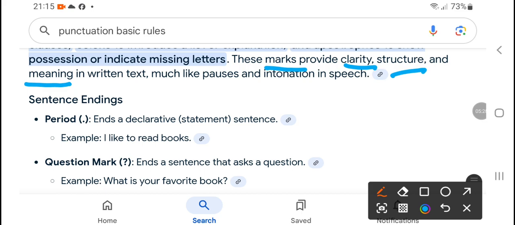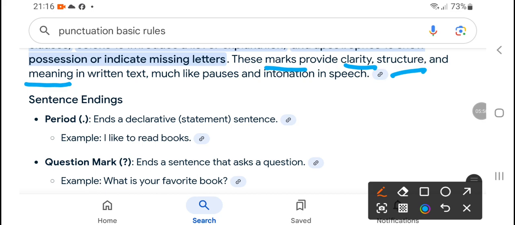Full stop is also a pause. A question has a tone; along with tone, we have to take a pause. So these marks are used for taking pauses and for intonation, voice modulation, and all in speech. So punctuation is very important. These are very small marks or signs, but very important in writing.